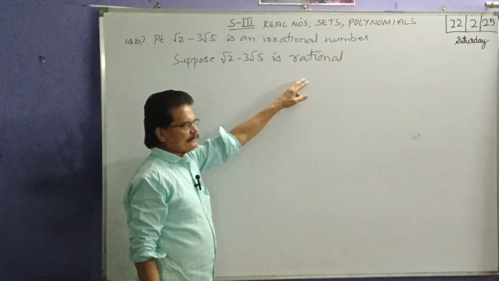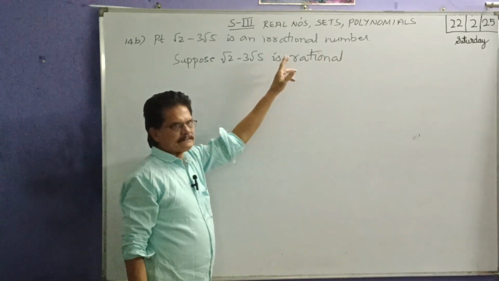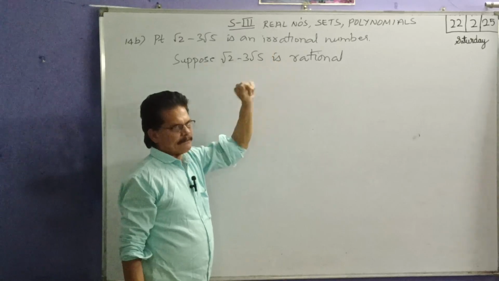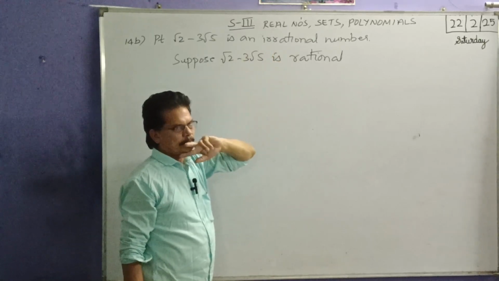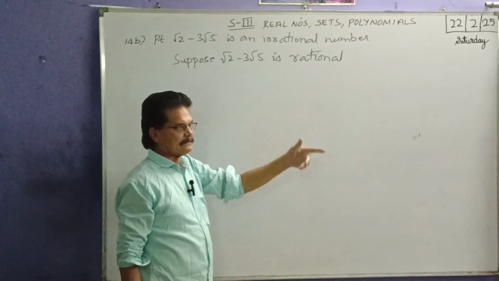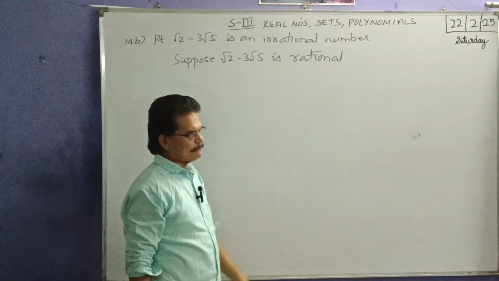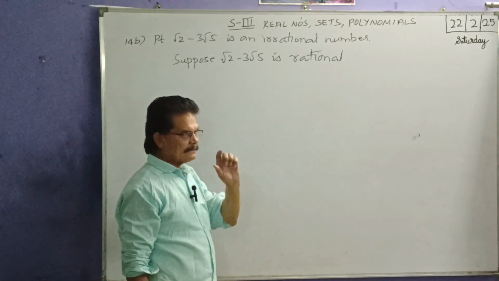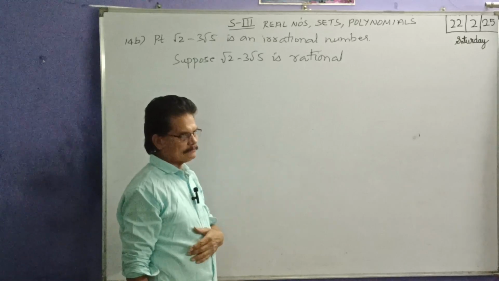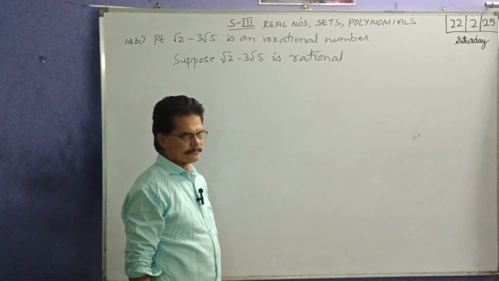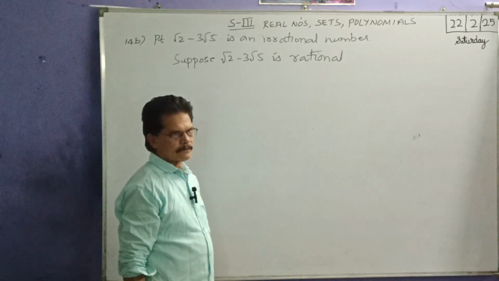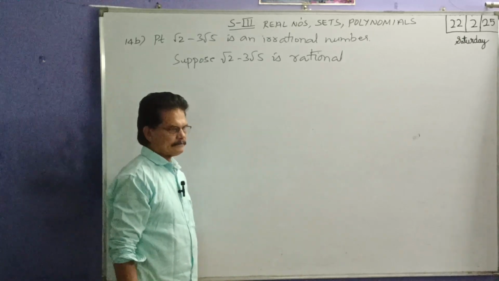That first step itself is contradicting the given statement. The given statement says it is irrational, but we are saying it is rational. And that is called indirect proof method.